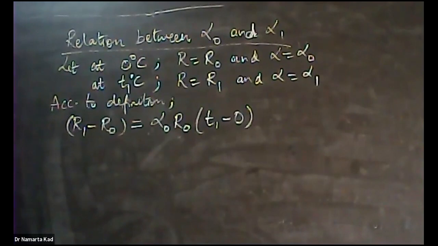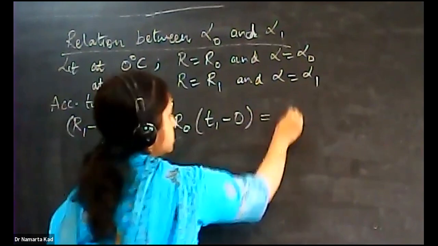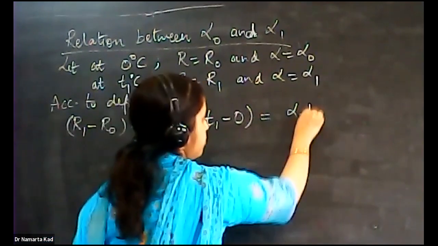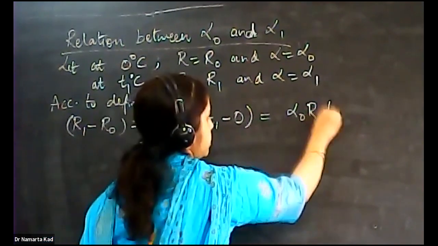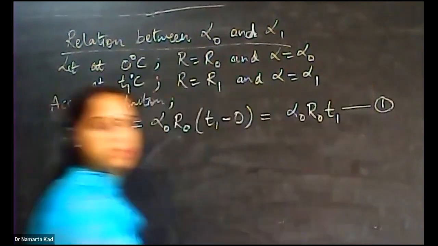Alpha naught R0 into T1 minus 0, and this can also be written further as alpha naught R0 into T1. Let's mark this as equation number 1.